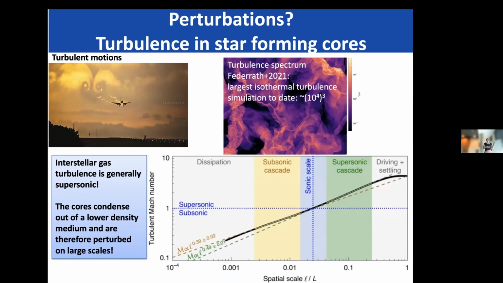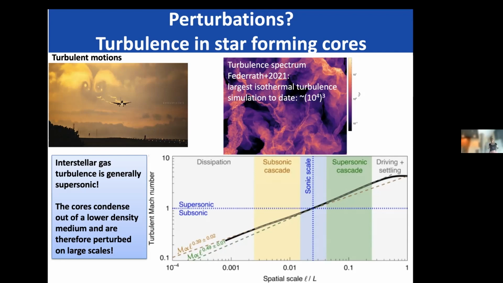But if you work out the sound speed of the cold gas at 10 Kelvin, it's about 0.2 kilometers per second. So if you get a line width which is broader than 0.2 kilometers per second, you can basically only attribute it to some non-thermal motions, right?